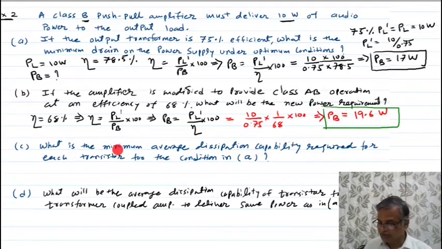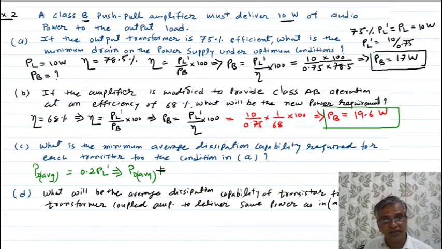Now see, what is the minimum average dissipation capability required for each transistor in a class B? You know this equation: the average power dissipation capability of each transistor in a class B is given by 0.2 PL dash. 0.2 into PL dash, where PL dash is 10 upon 0.75.